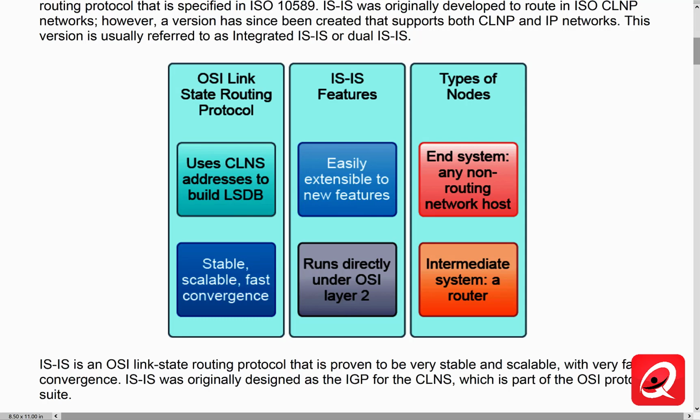Again, designed as an IGP for CLNS, which is part of the overall OSI protocol suite. The OSI protocol suite layer 3 protocol, like I said, is CLNP. That's kind of equivalent to IP in this particular case. And we use CLNS addresses to identify routers and build the link state database.